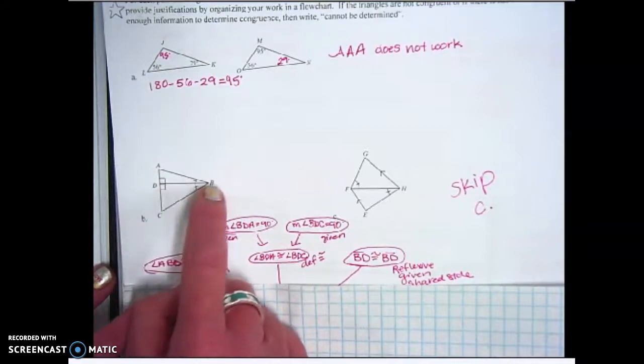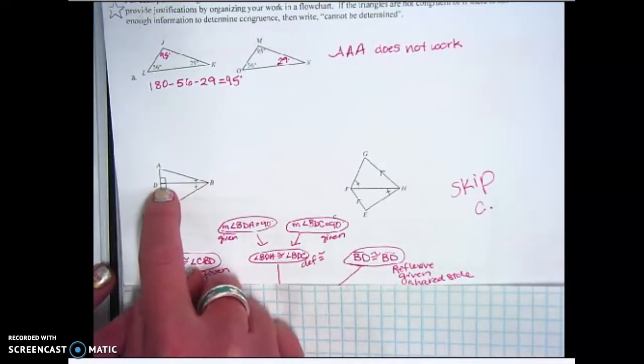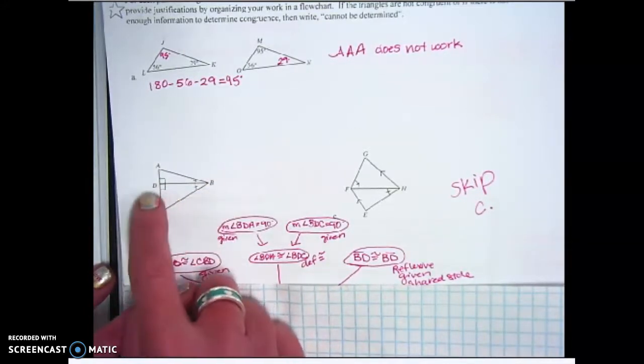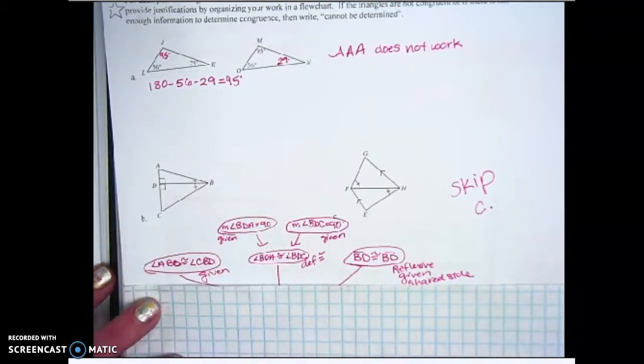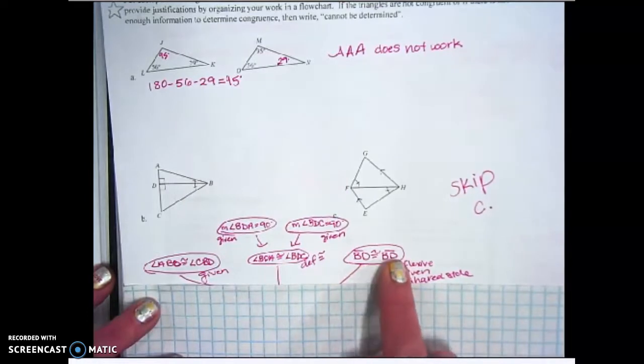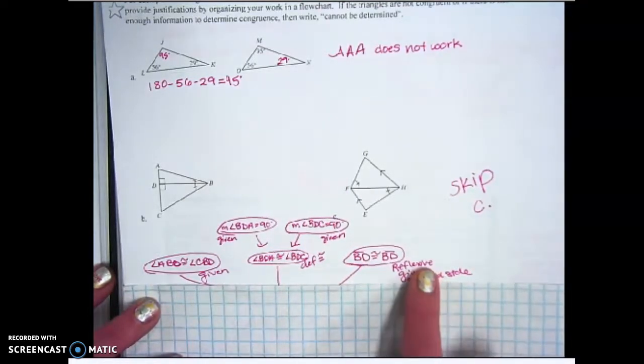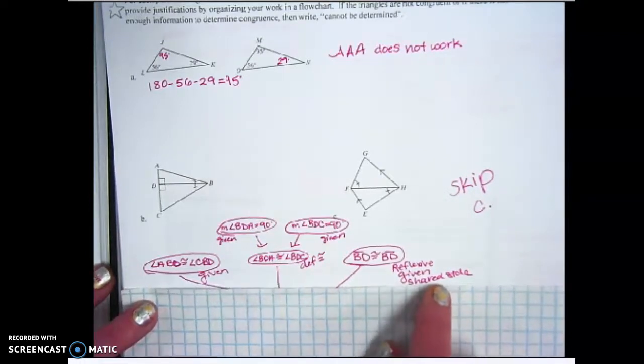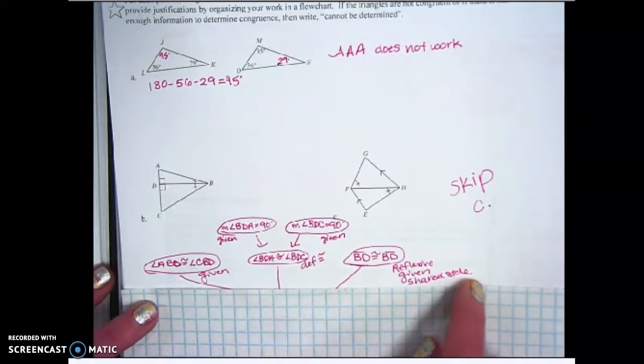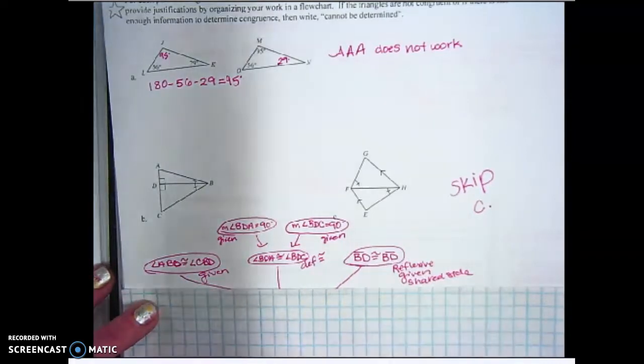So believe it or not, we're going to say that BD is congruent to BD. I know it seems obvious, but you do have to write it down. There's something called the reflexive property, or you could just write that it's a shared side.